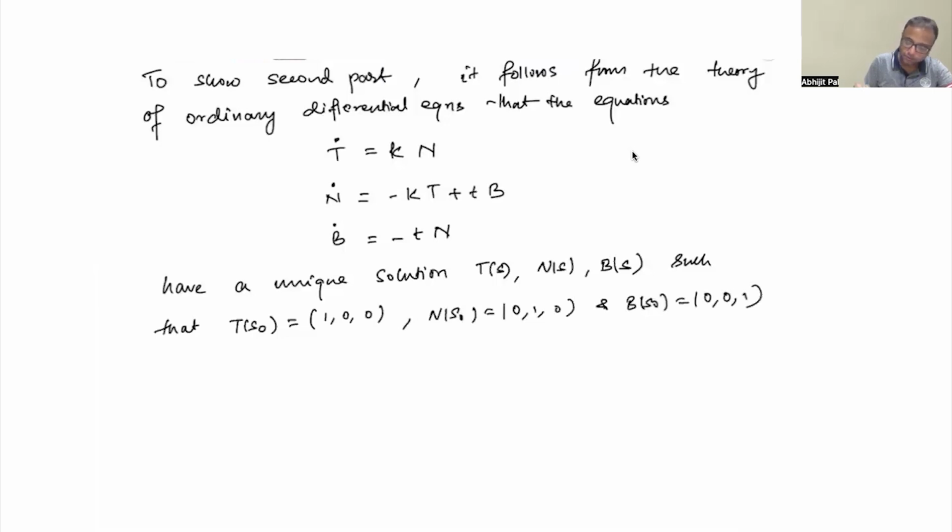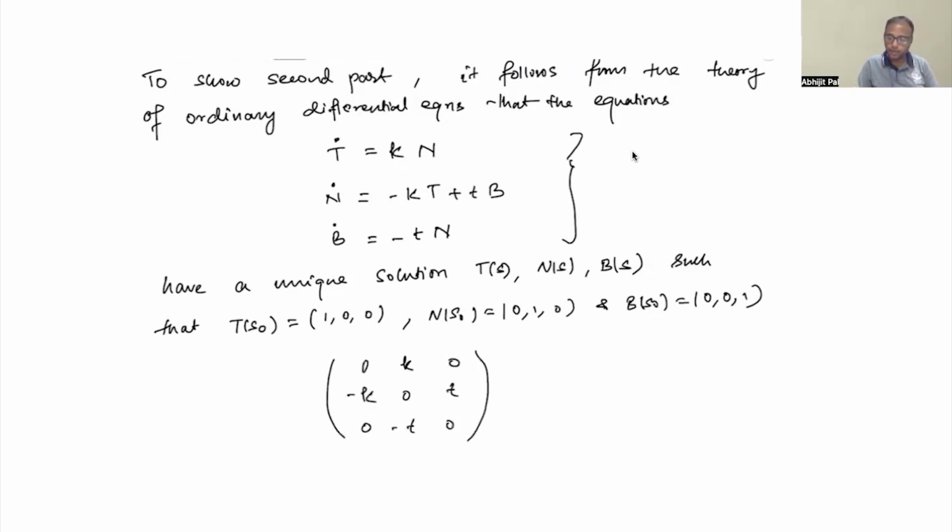So now note that from the above differential equations, we'll get a skew symmetric matrix: 0 k 0, minus k 0 tau, 0 minus tau 0. Okay, so we'll get this skew symmetric matrix from this differential equation.